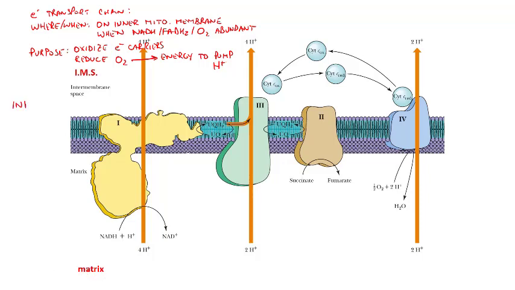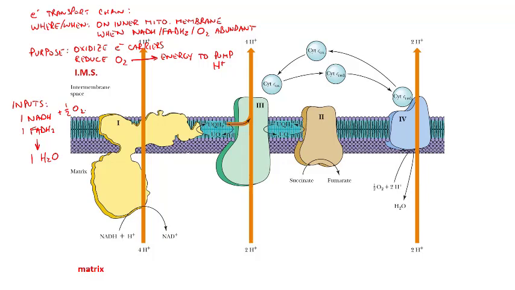Inputs and outputs. The inputs are going to be 1 NADH or 1 FADH2, and the outputs would be 1 water. I should add 1/2 O2 as an input. However, that's not really the inputs and outputs that we care about.